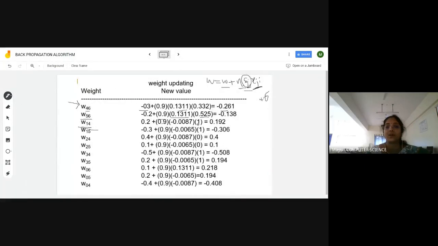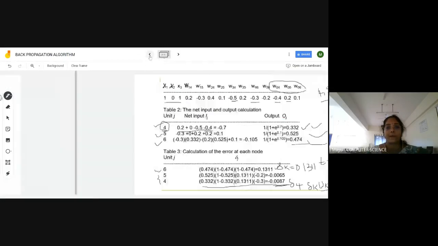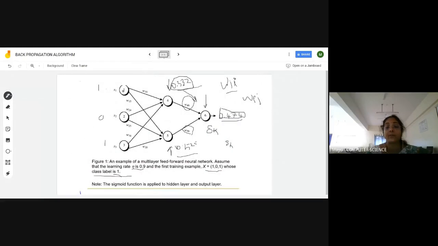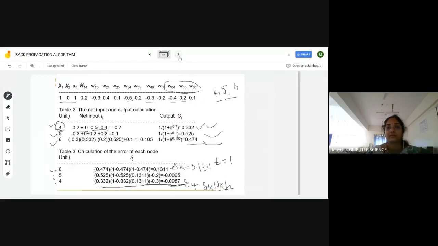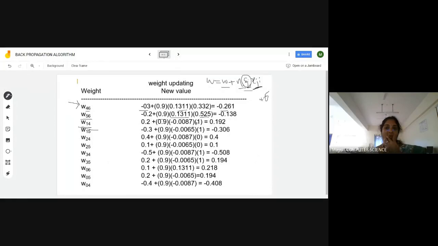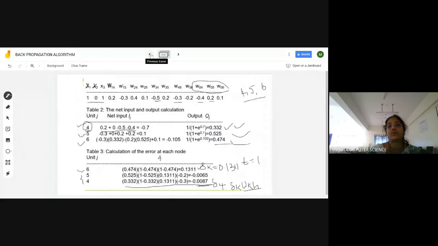And what is the input between 1 and 4? I think we are giving 1. So that is the input over there. Like that, all of them are calculated. Any doubts? I think you need to solve this problem once.